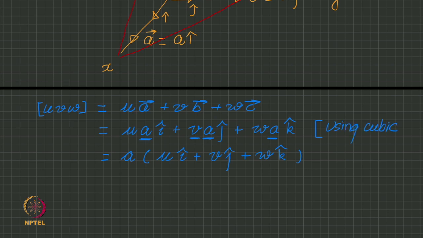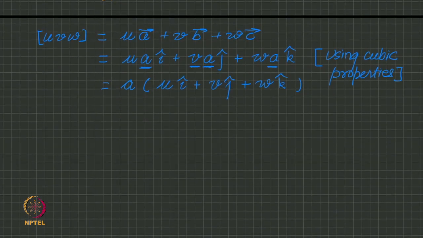For other crystal systems you can't write this, you will be stuck with u a plus v b plus w c, because a, b, c are not equal, they are not necessarily orthogonal and so on. So, you can't write a in terms of i and b in terms of j and so on.